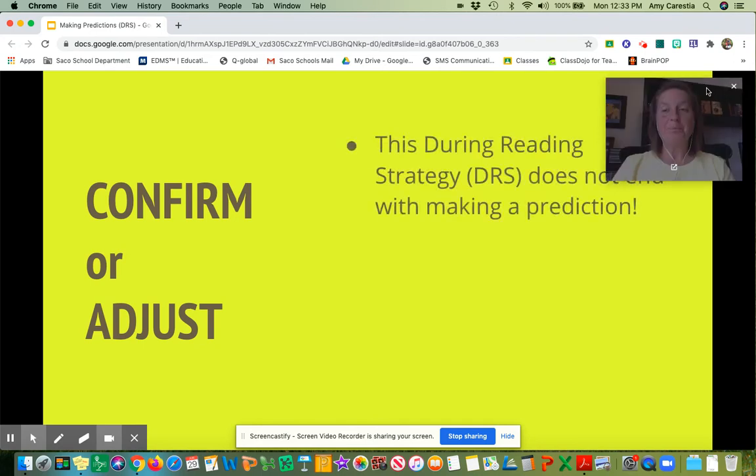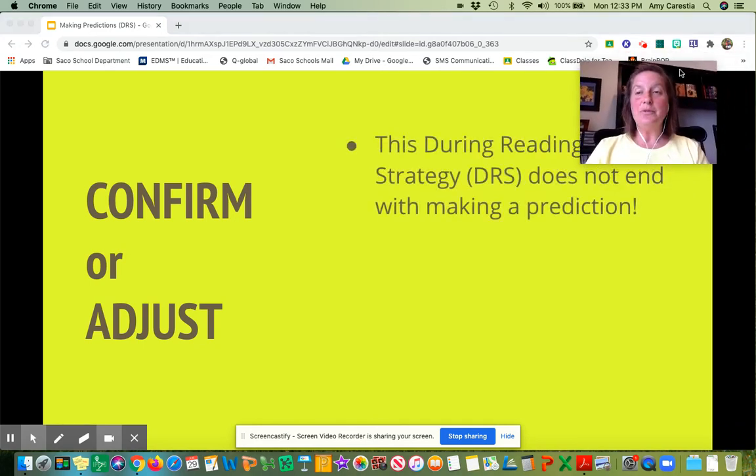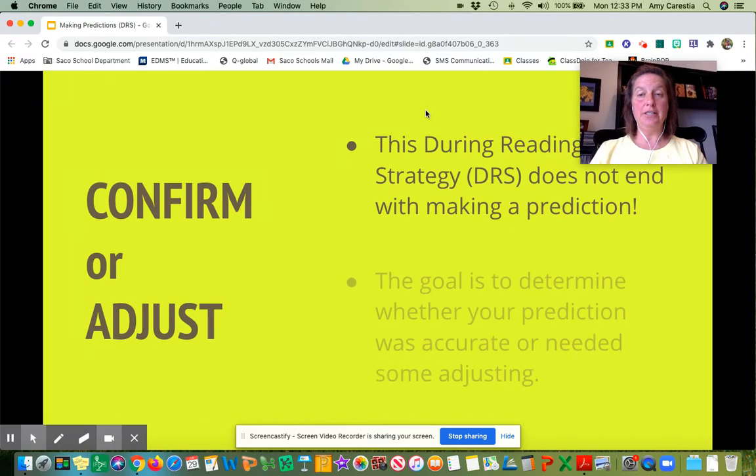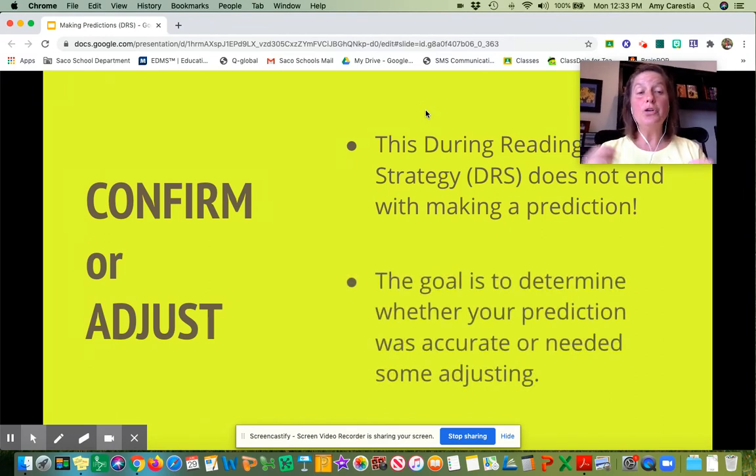So it doesn't end with you just writing down your prediction. When you are using predictions, your goal is to determine whether it was accurate or you needed to adjust it somewhat. And I'm going to go through the steps where it shows you how you confirm or adjust a prediction.